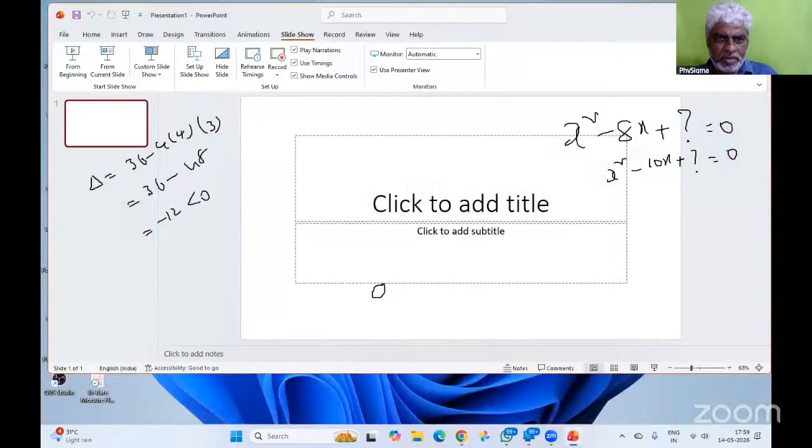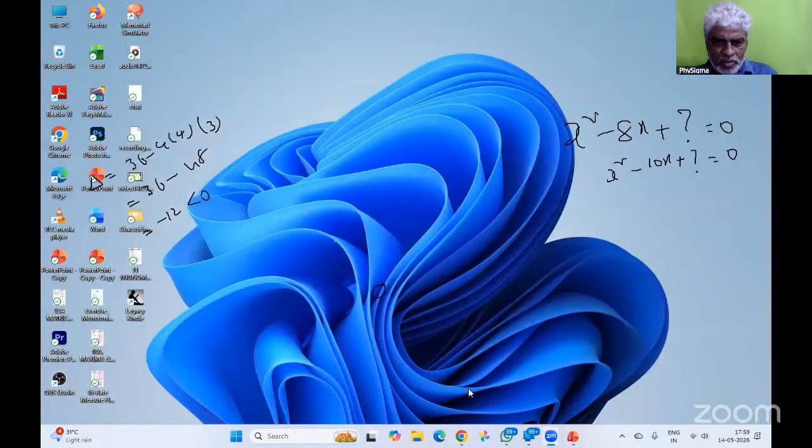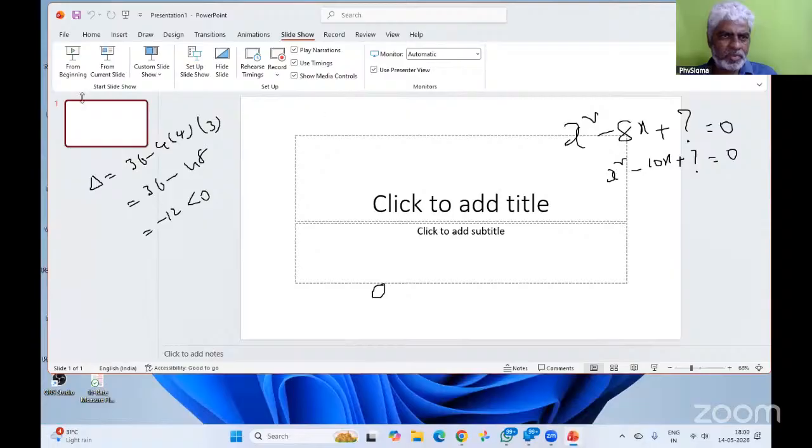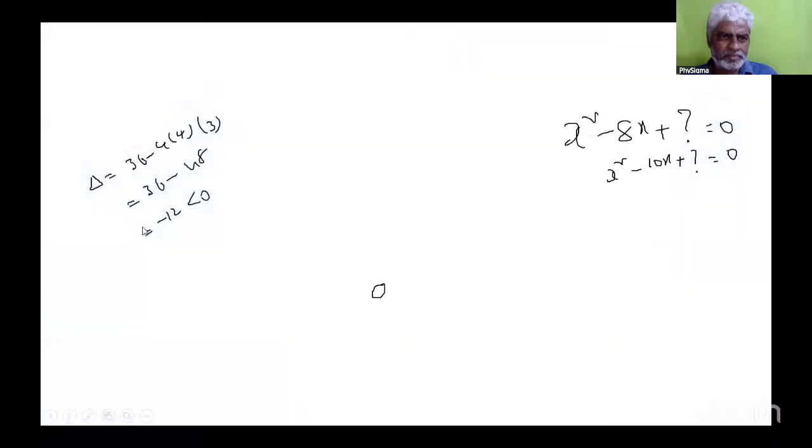Let's come to the point. Now, actually, there are multiple methods to solve a quadratic equation.